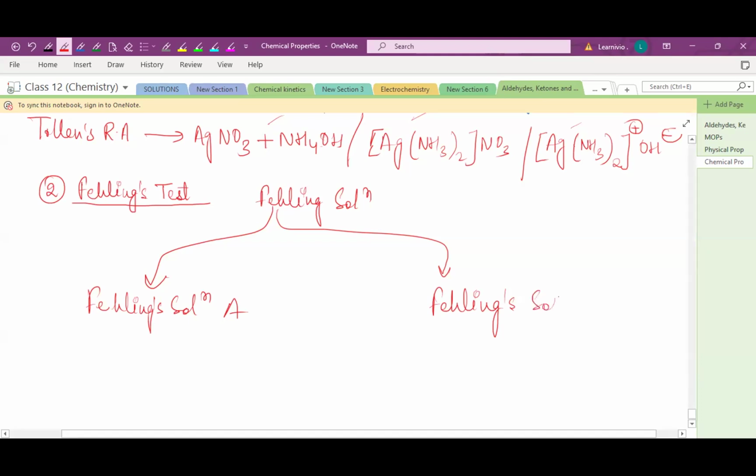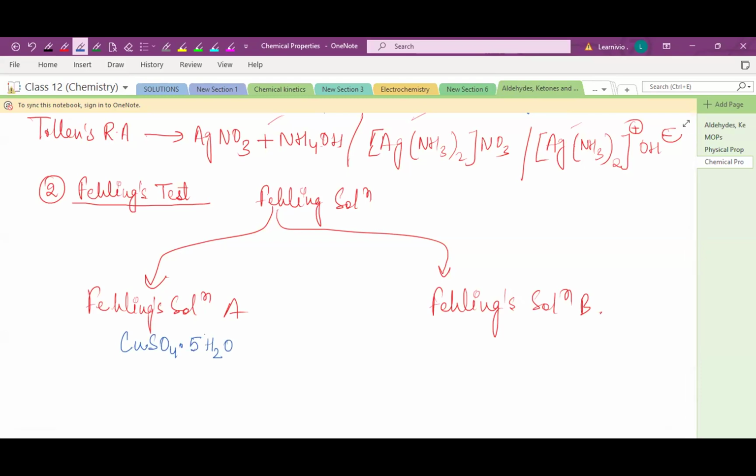Fehling solution A is the aqueous solution of copper sulfate, basically CuSO4 pentahydrate, CuSO4·5H2O.